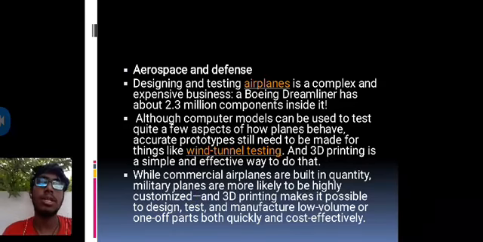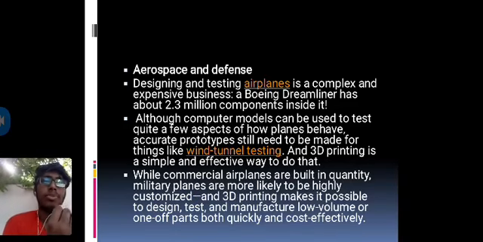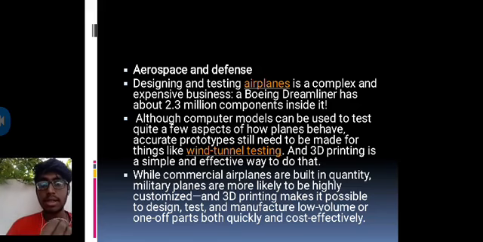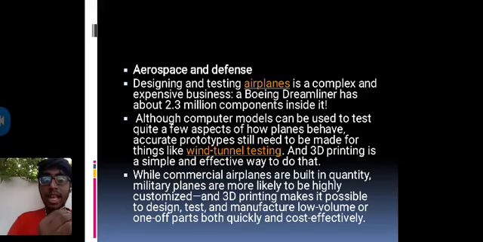Next, aerospace and defense. In order to produce an aircraft or a rocket or something for defense, like a missile, it costs millions. So if you want to produce such million-dollar products, you should be accurate. Otherwise it will fall out of the sky, or if it's flying from space, it will fall down.